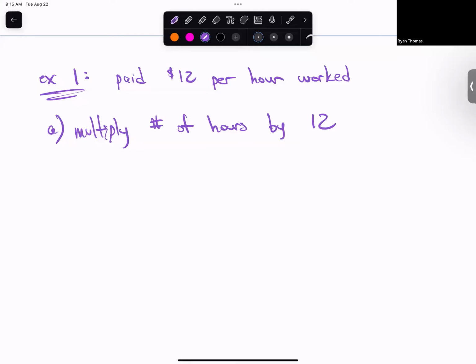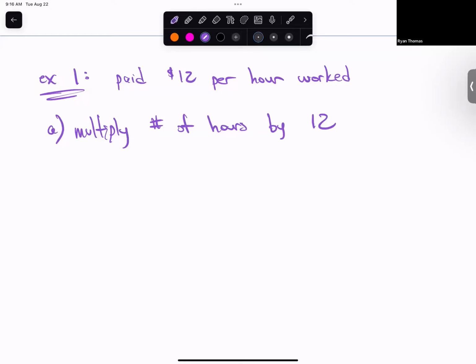All multiplication is, especially when we're talking about whole numbers, is just a shortcut for addition a bunch of times, right? So if I take the number of hours and multiply by 12, that's going to give me however many hours I work, say it's 5, it's going to give me 5 12s, which is what I should be getting paid, right? If you want to think about it another way, if you look at the units, if I take hours and multiply by dollars per hour, what happens to the units?